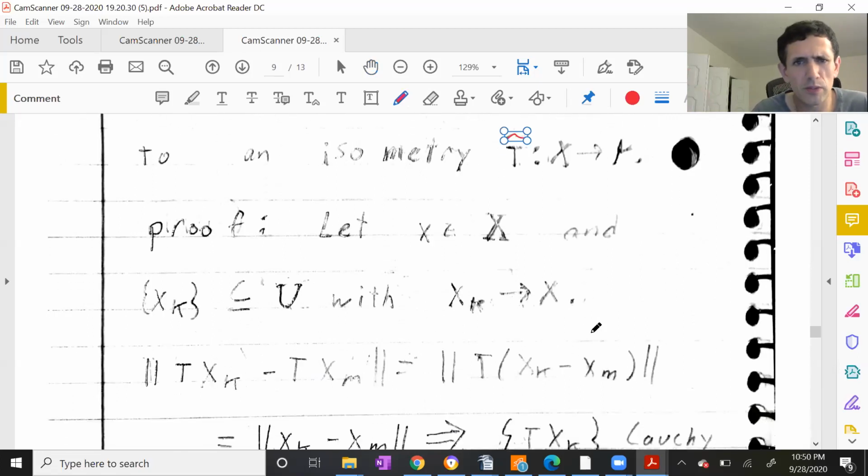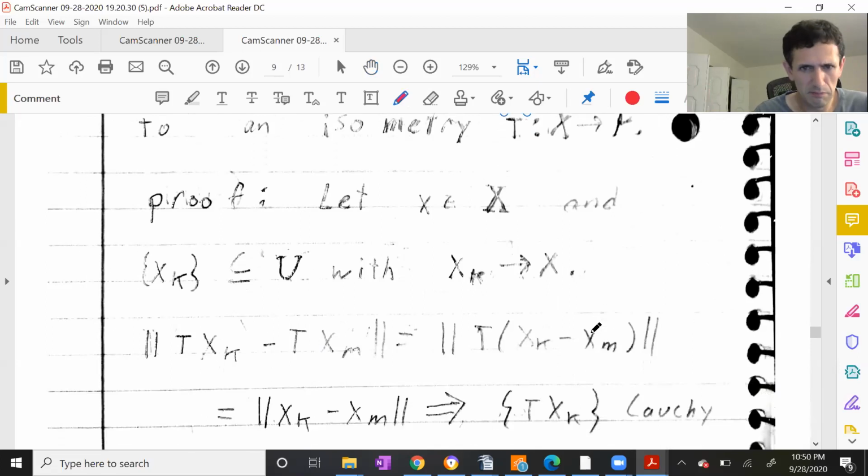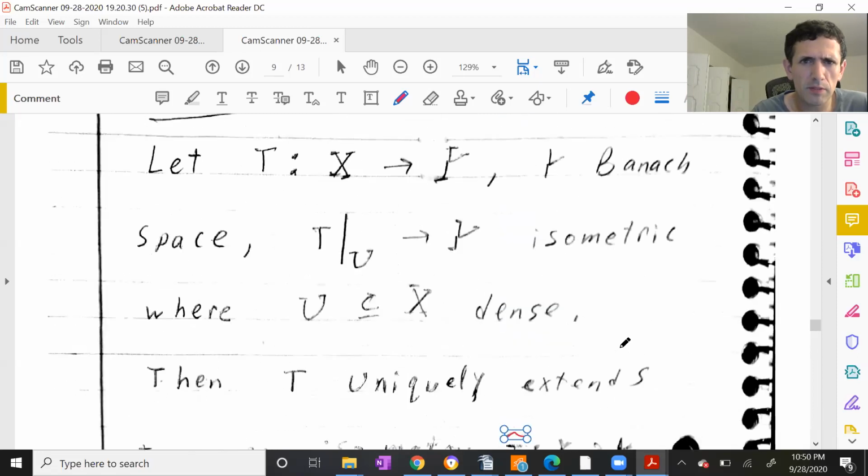We can do that, U is dense. Let's show that T x_k is Cauchy. Well, just pull out the T of x_k minus x_m. This is an isometry on U. x_k and x_m are both in U. So actually, sorry, I want this to be a subspace, a dense subspace.